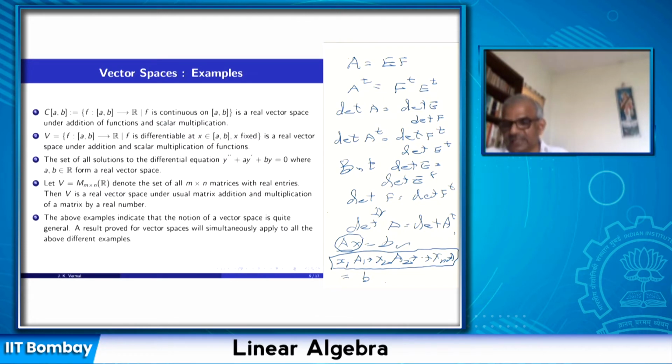So these examples indicate that the notion of vector space is very general. Many kinds of mathematical objects that you have come across since your school days, real numbers or complex numbers, matrices, functions, differentiable functions, all of them form vector spaces. But it is defined in an axiomatic fashion. When we write the definition of a vector space, we are not telling what the operation is, how to add vectors or how to multiply a vector by a scalar.